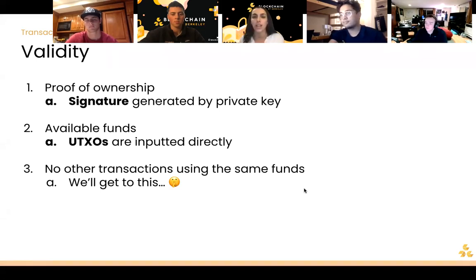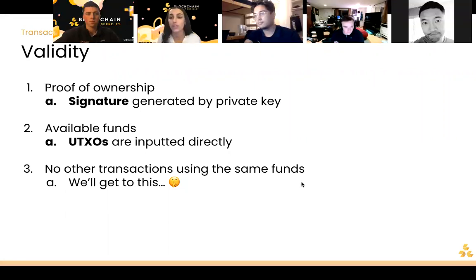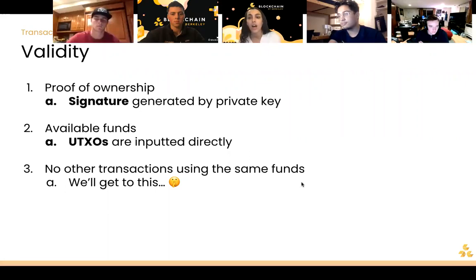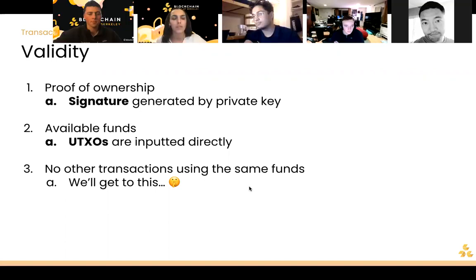And this last one, how do you prove that those UTXOs are only being used in this transaction and no other transactions? You can see how that would work because the UTXOs are destroyed immediately after they're opened up, but we'll get into the exact mechanism in a later lecture too.